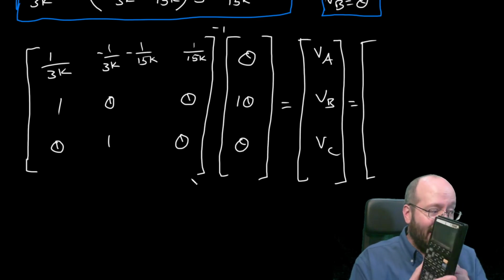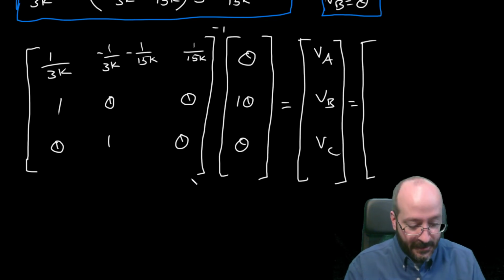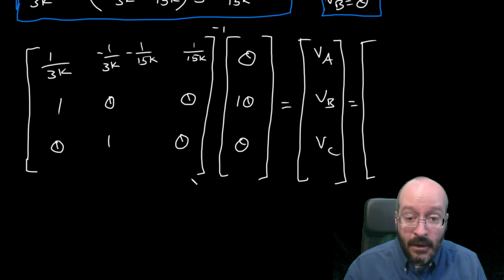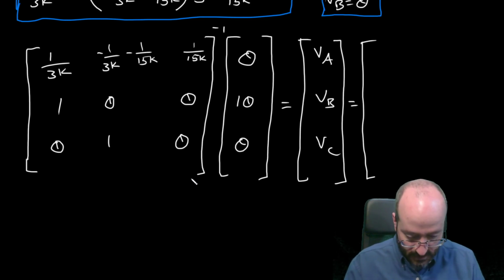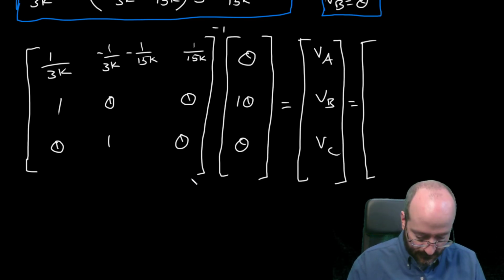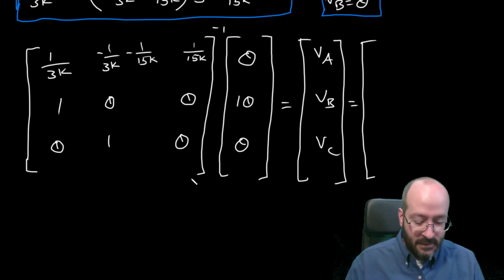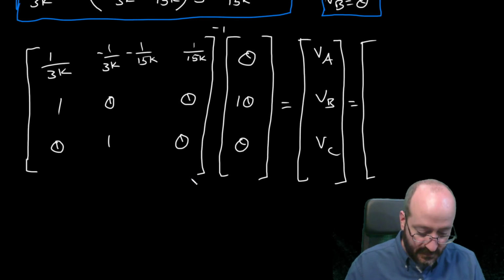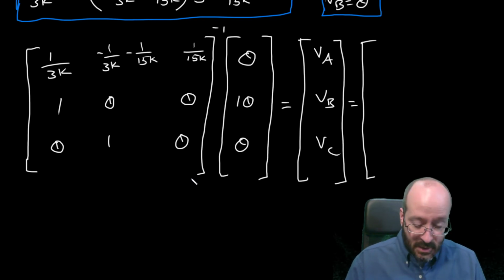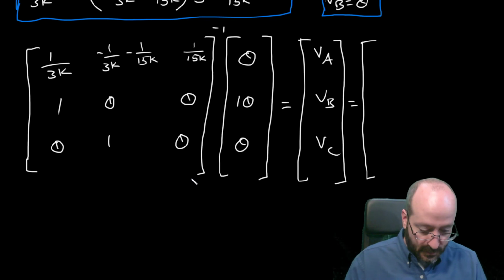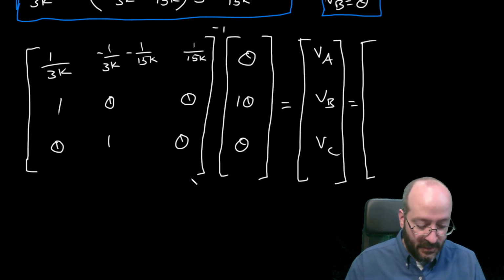Plug it in. I got Old Faithful here. So we're going to do 3K inverted, negative 3K inverted minus 15K inverted, 15K inverted. 1, oops, forgot the right hand side, 0, 1, 0, 0, 10, 0, 1, 0, 0.